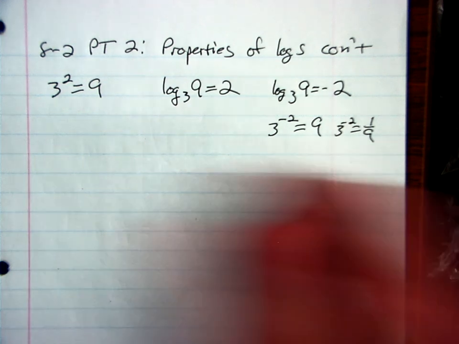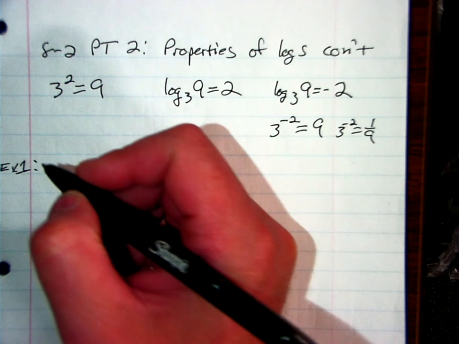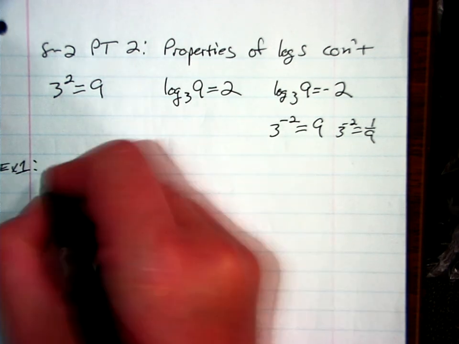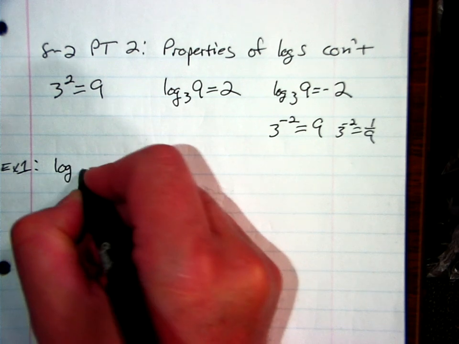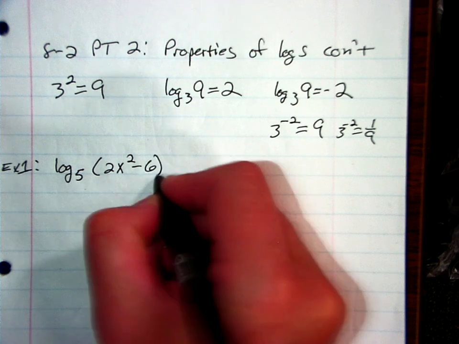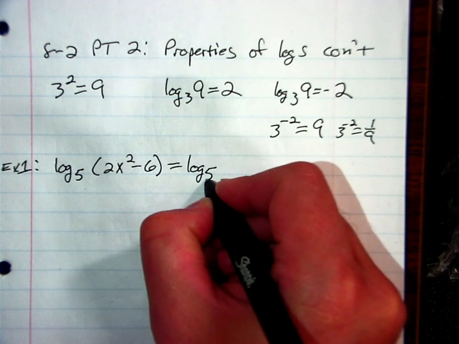All right, example 1. We only have 5 examples today, so there's not a lot. There's no A, B's, and C's, so it's just straight up 5. Log base 5, 2x squared minus 6 equals log base 5, 4x.